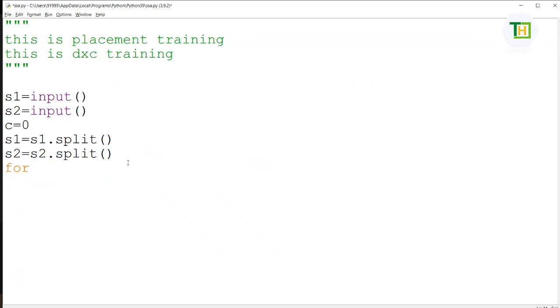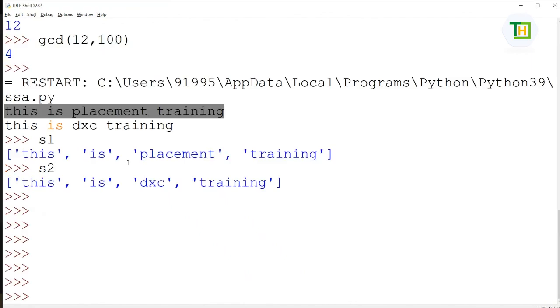For example, for S in S1, if S in S2, the same thing. If S in S2 both is there, then I'm going to implement C is equal to C plus 1 and I'm going to print here what is the C here. That's it. I'm going to execute it.